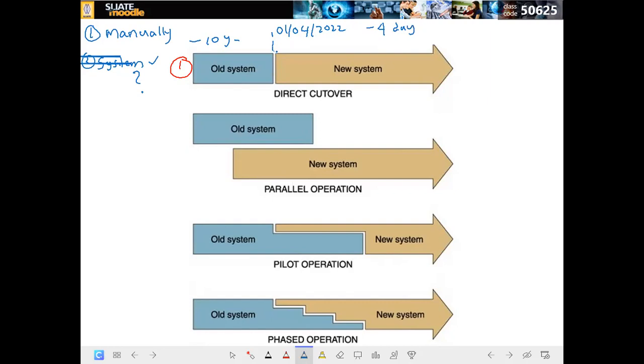Then we are going to start the new system from the 5th of April 2022. That's one method. අපිට එහෙම කරන්න පුළුවන්.